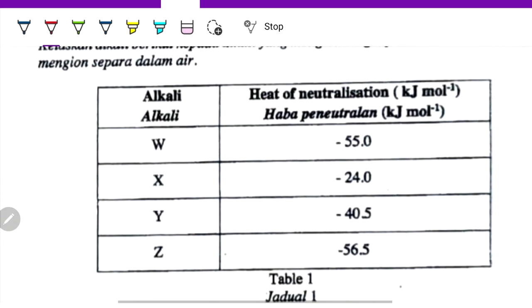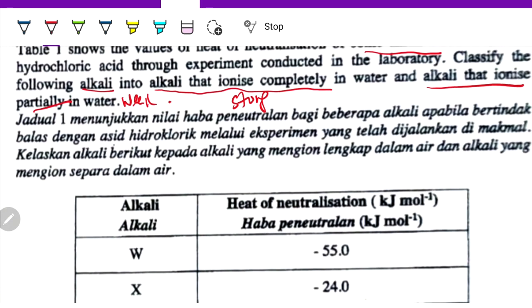So you can see the theoretical one: if strong acid with strong alkali, the heat of neutralization is roughly 57 kilojoule per mole.